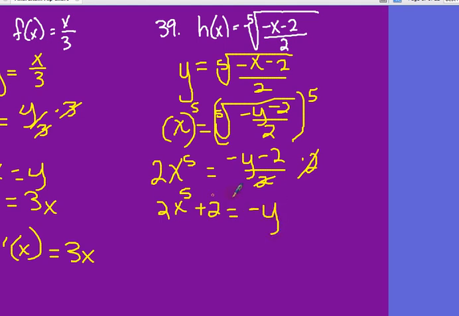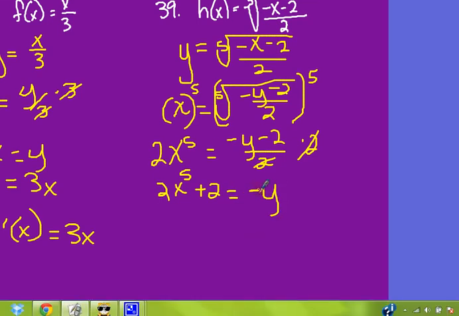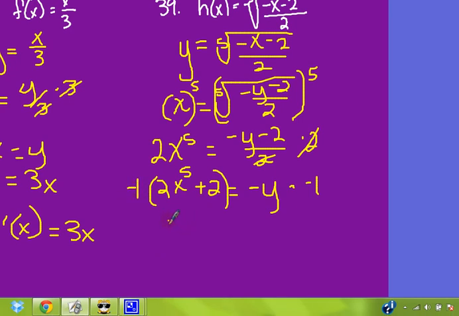I don't like that negative y, so I'm just going to multiply it by a negative 1. Golden rule says what you do to one side, you have to do the other. So that's going to be a positive y is equal to a negative 2x to the 5th minus 2. And then in my last step, I'm just going to denote that this is the inverse. All right, that was fun.